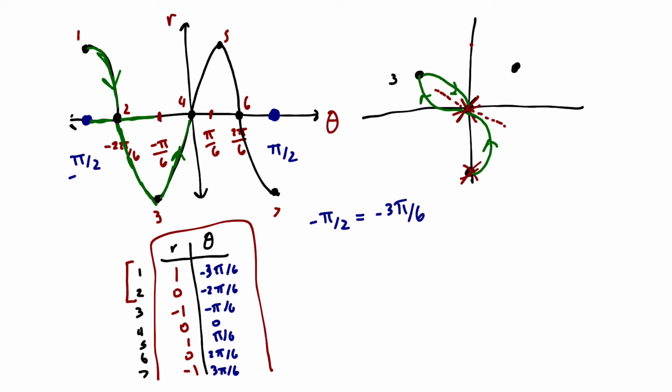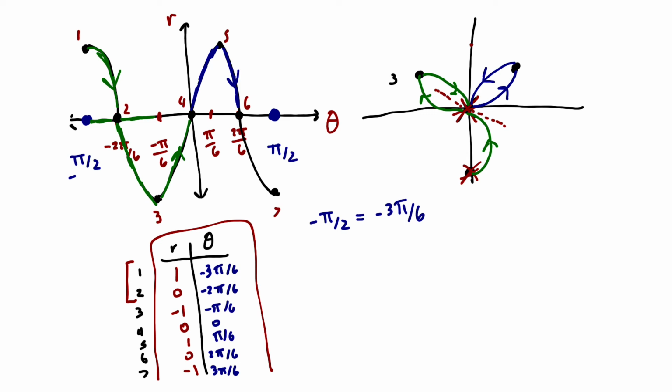Then from point 4 to point 5, our graph goes from the point 0, 0 to 1, pi divided by 6, and we're increasing from 0 to 1. Then from point 5 to point 6, our r values are decreasing.